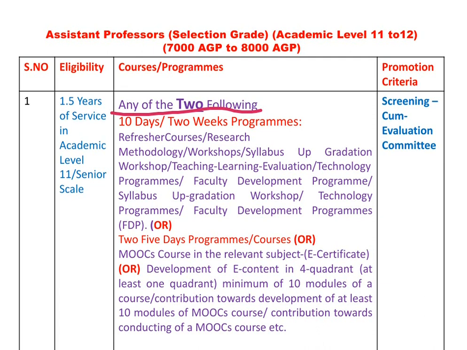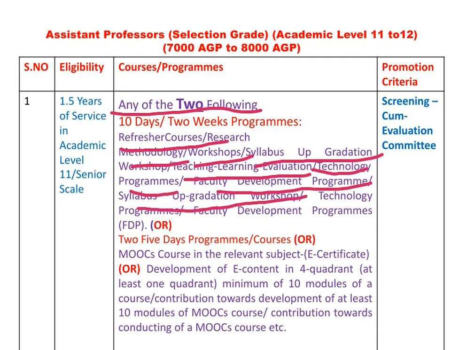10 days programs need 2 courses: either refresher course or research methodology course, or workshops, or syllabus upgradation workshop, or teaching learning evaluation, or technological programs, or faculty development programs. These courses are necessary for CAS.